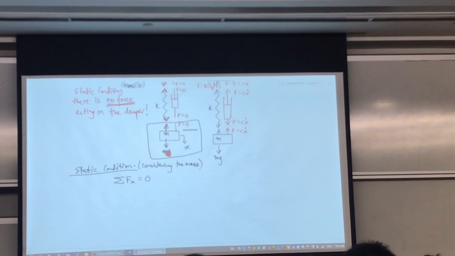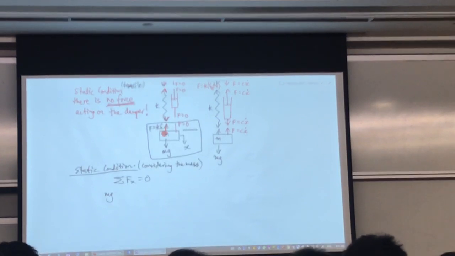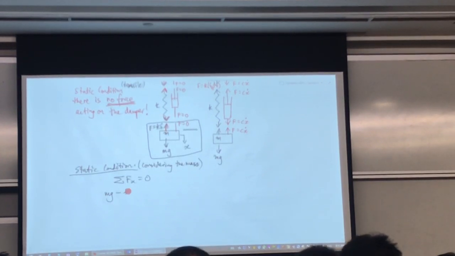What you have is mg, that's in our convention direction, so it's positive value. And that spring force F is equal to K delta. I'm going to stop writing that static ST subscript now. So minus K delta equal to 0, right? The two forces. And that spring force is acting upward, so it's against our convention, so there's a minus sign.